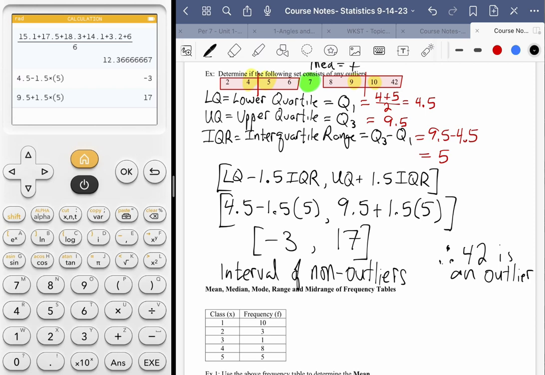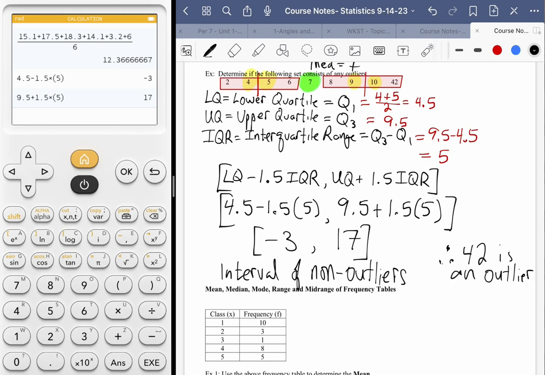So that would be like the 42-year-old student in an elementary school class. Now, if this is actually real data that was collected from an elementary school, my guess is a 40-year-old teacher brought in their 2-year-old kid, and they counted themselves as part of the data set. But there has to be an explanation for it, because it's so far away from the other numbers that it draws attention to itself.